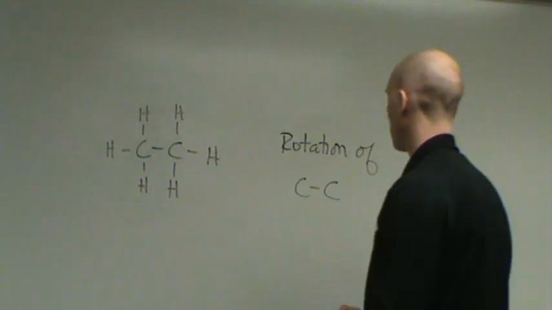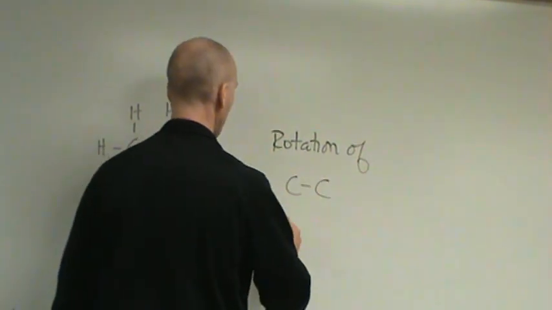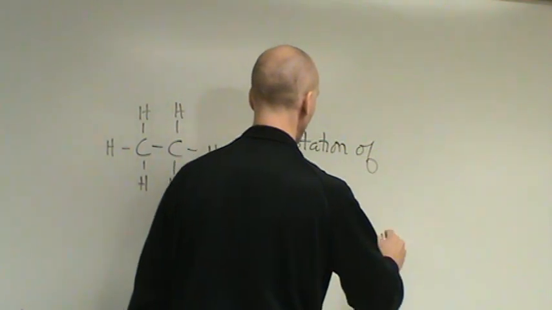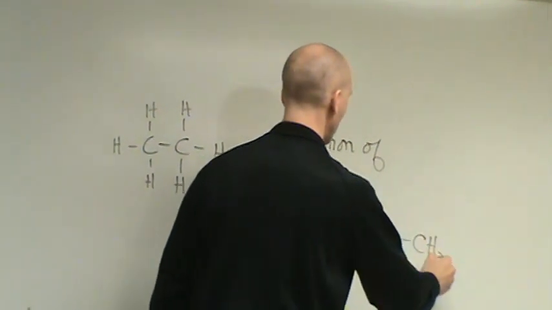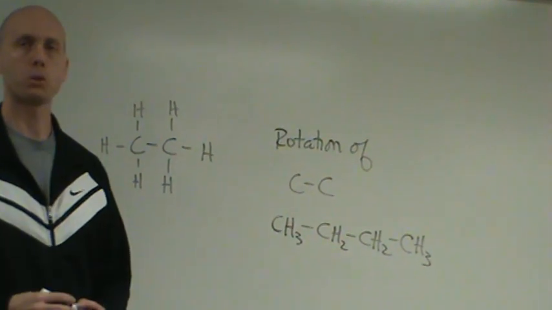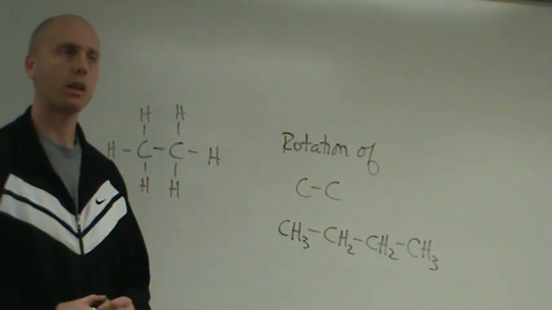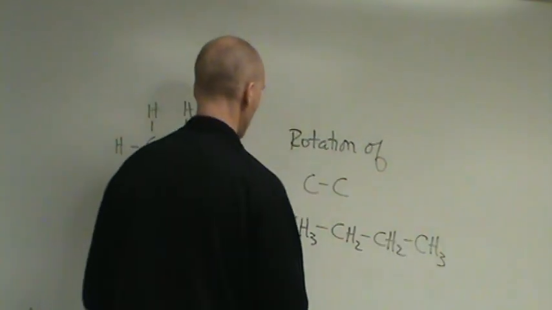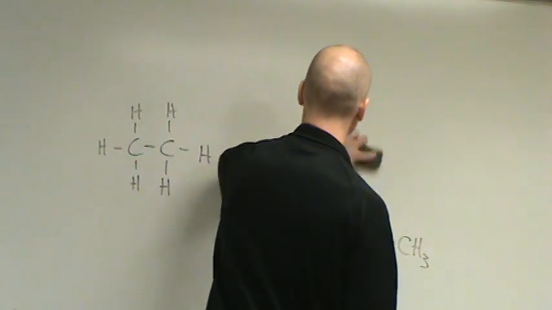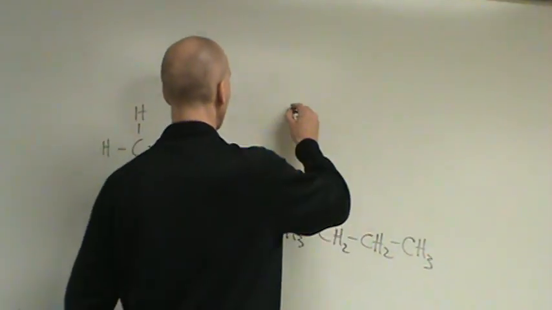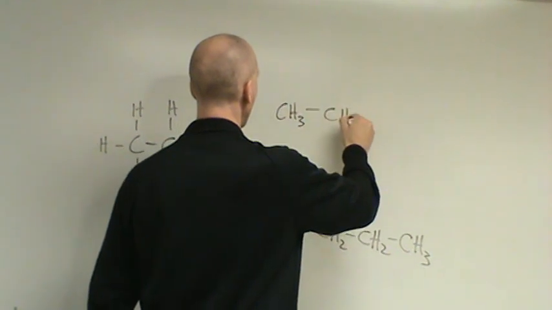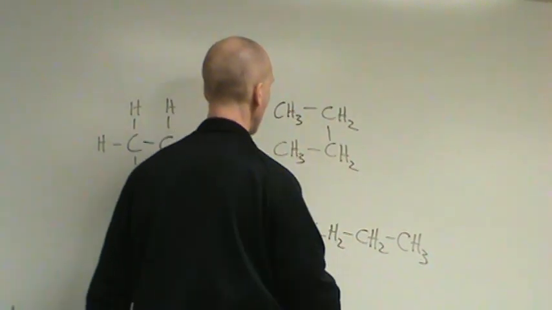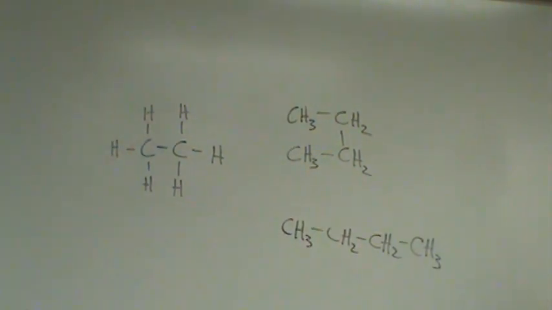So for example, if I drew a molecule like this here, for butane, those carbon-carbon bonds can rotate so that middle bond can rotate to something like that.